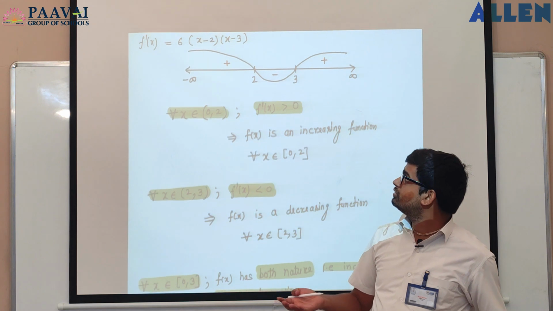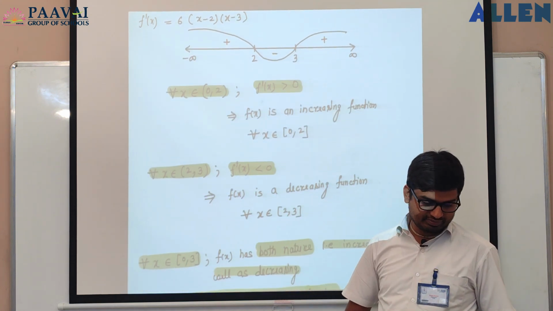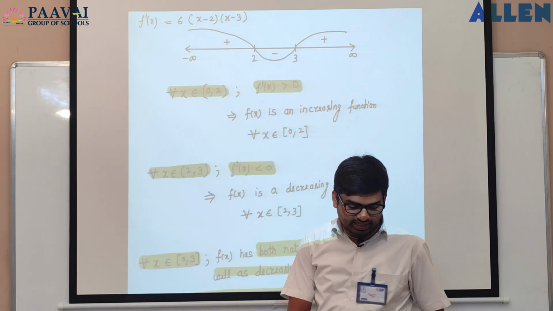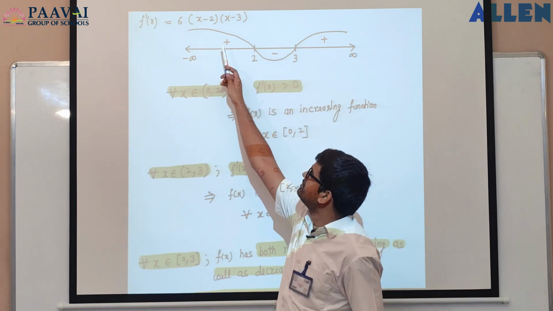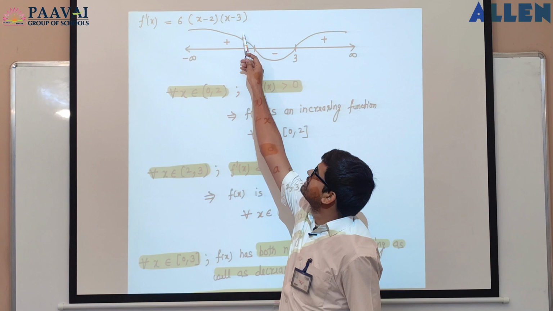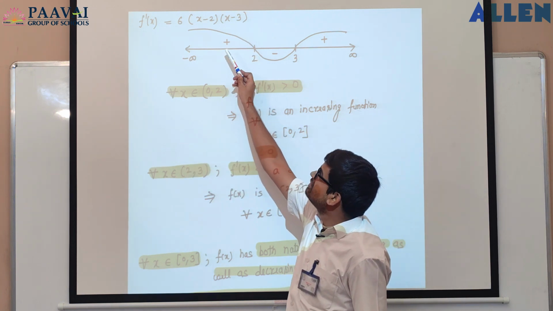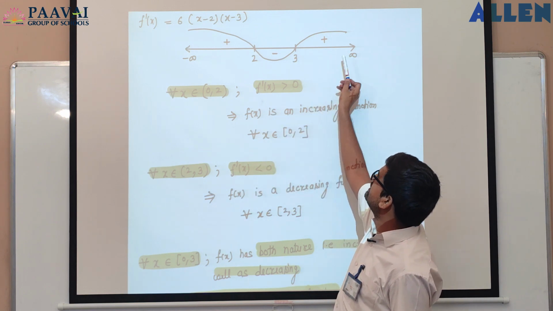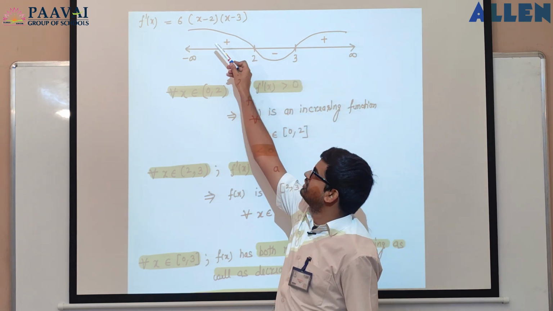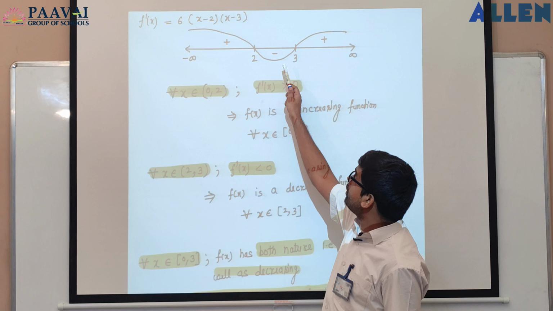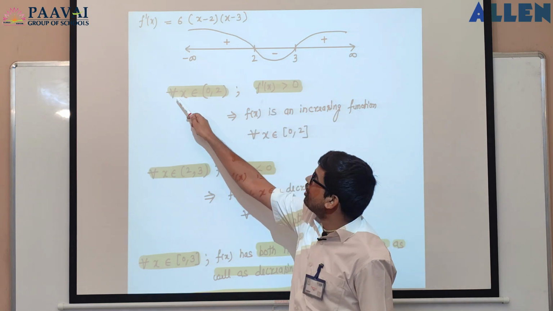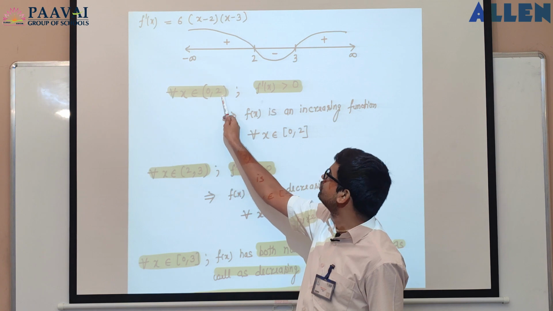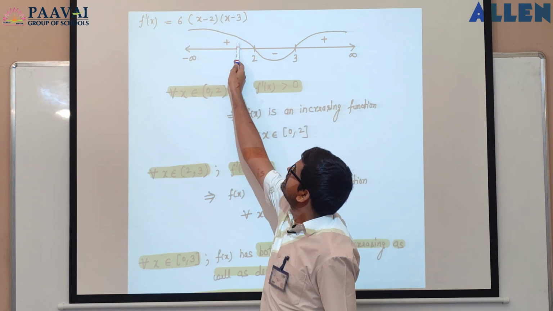So let us move to the wave curve. As we have f'(x) as 6(x − 2)(x − 3), the zeros of f'(x) are 2 and 3, and this is the wave curve for f'(x). From the graph you can see that for all x belonging to the open interval (0, 2), f'(x) is positive.